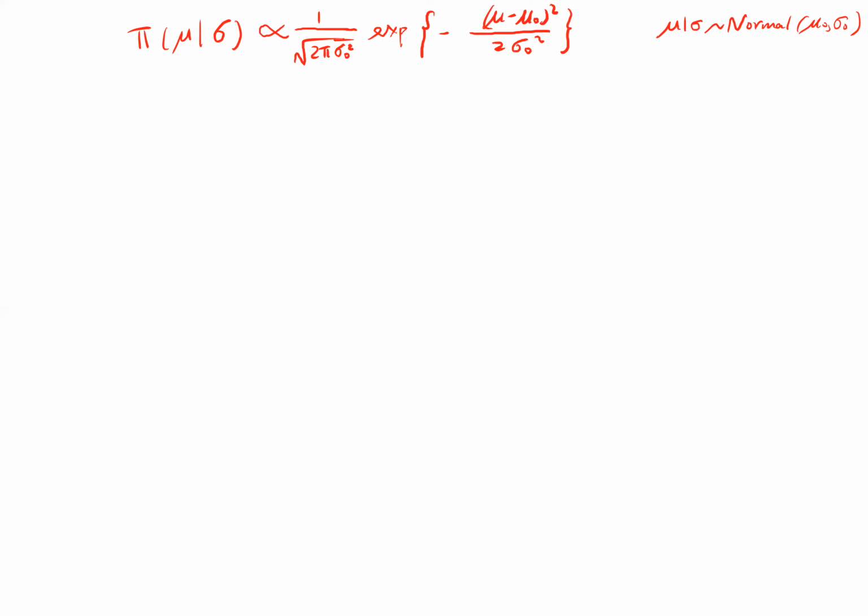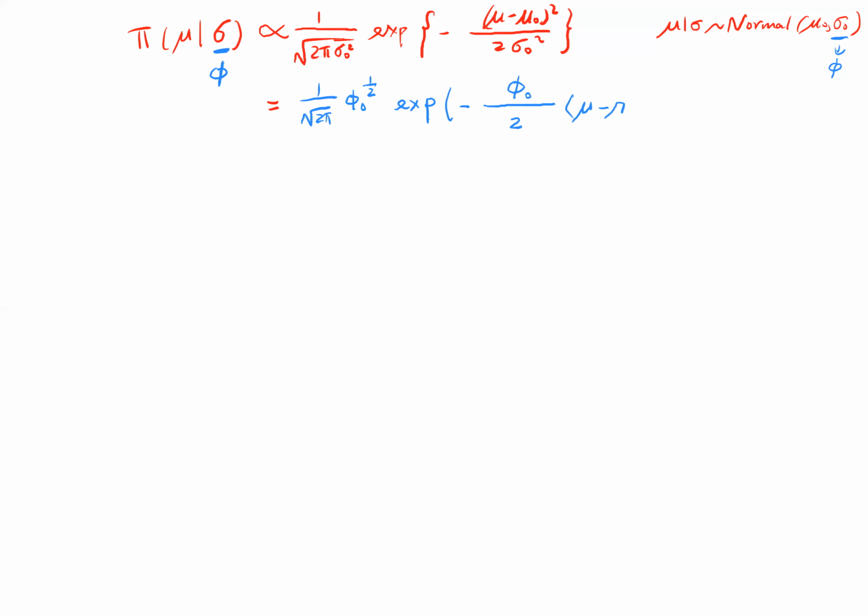Okay? What I want you to do now, starting from now, is instead of working with sigma, let's work with phi. And that means this is going to be related to phi as well. So I'm just going to write out the density for you. Nothing too complicated, just because phi is 1 over sigma squared.